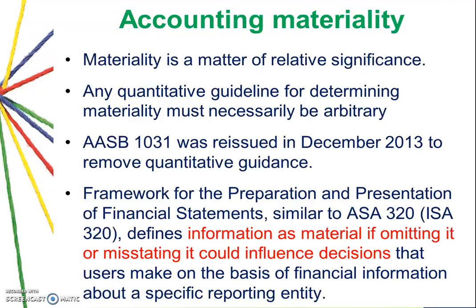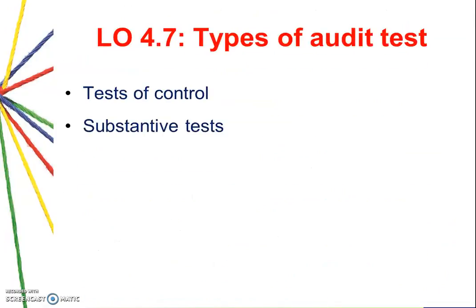They define accounting materiality as information that is material if omitting, missing it, or misstating it could influence the decision of the financial information user. It's defined in auditing standard ACCT1056.